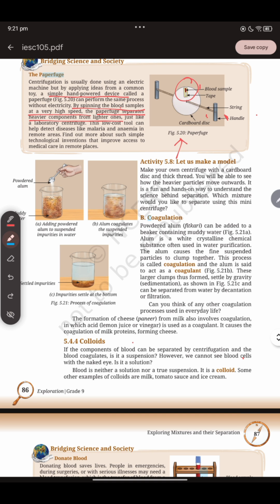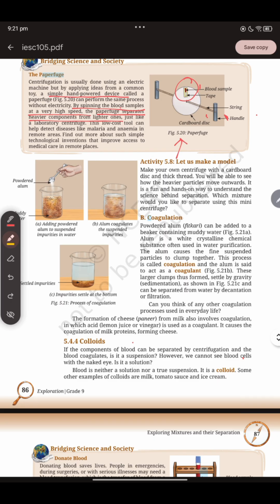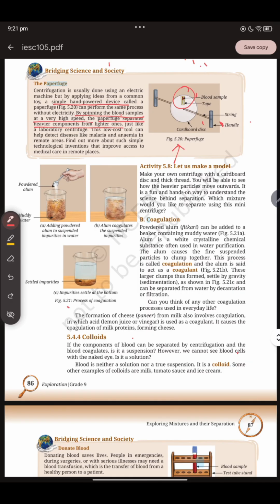Coagulation is another method of separation, right? So coagulation. What do you do? This process of coagulation might be very commonly seen. When you have muddy water, you add powdered alum or fitkari.